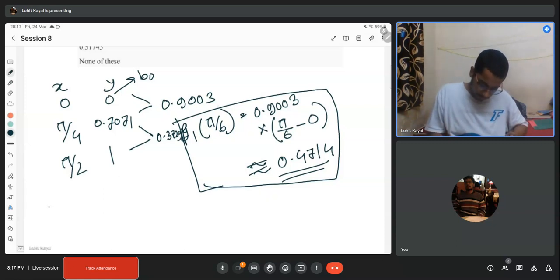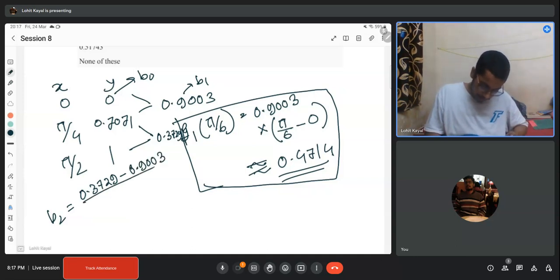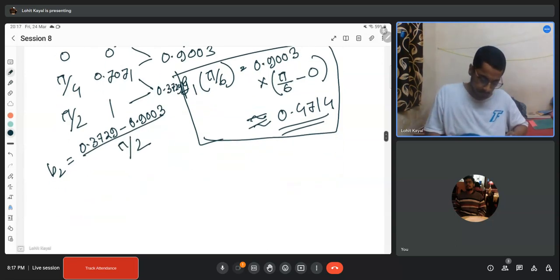So the f of x2, so this is your b1, this value is 0.9003, and b2 will be 0.3729 minus 0.9003 divided by pi by 2, right?